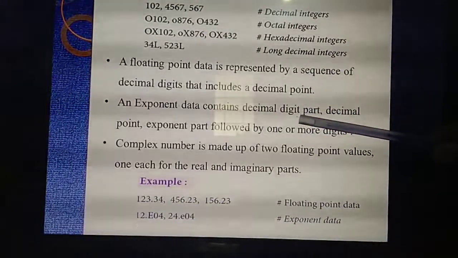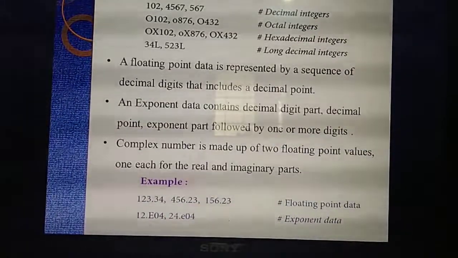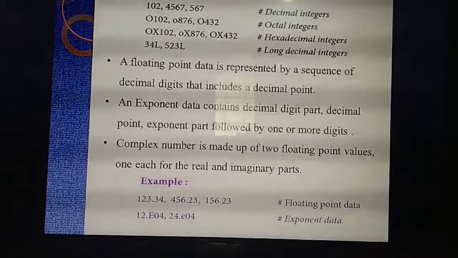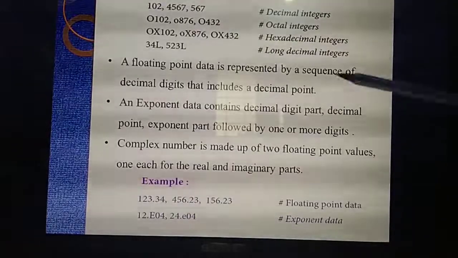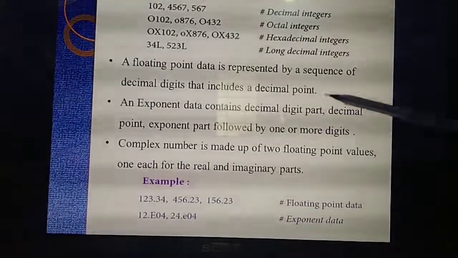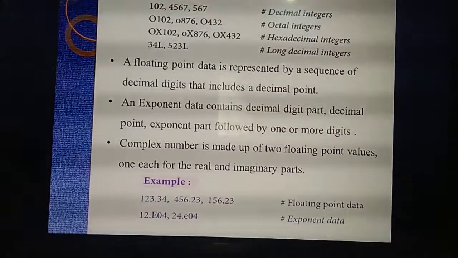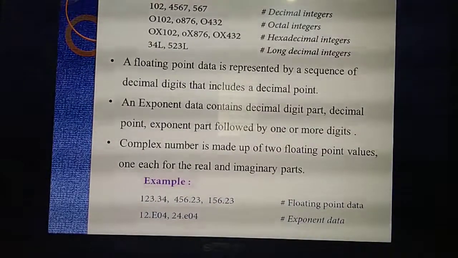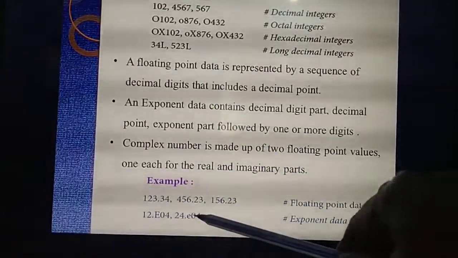Decimal part, decimal point and exponent part. So the exponent data consists of how many parts? 3. What are they? Decimal part, decimal point, exponent part. Then that exponent part is followed by some numbers. By this example you will be able to understand, and then you will never get confused.